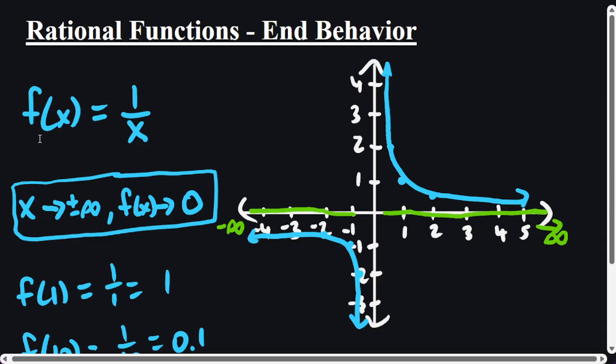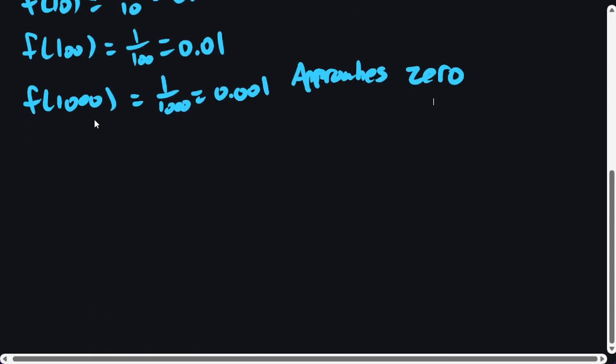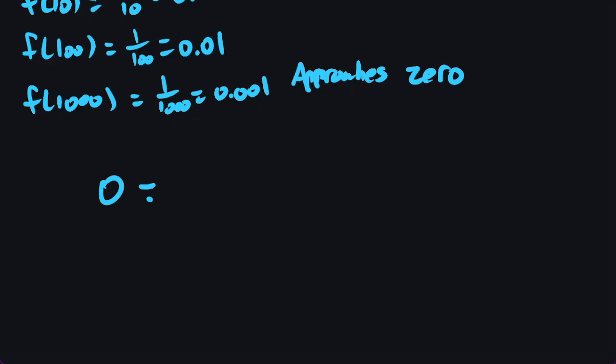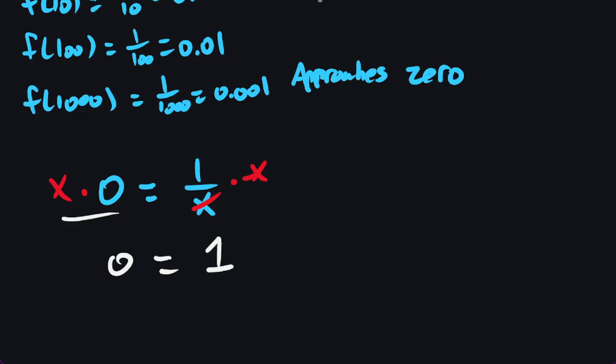If you try to solve it algebraically, you set f of x equal to 0. So 0 equals 1 over x. It would be impossible to solve for x here. If you try to multiply by x on both sides, you'd get x times 0 over here, which is just 0, and you're left with the nonsensical equation 0 equals 1, which is not true.